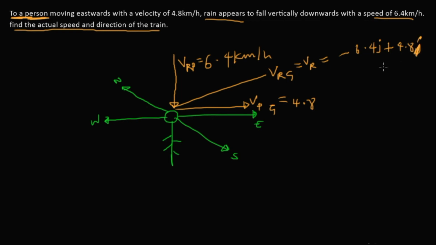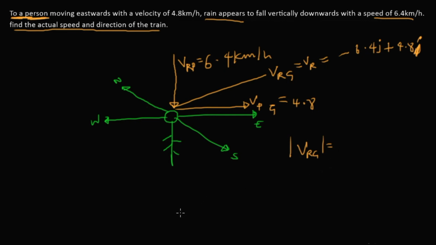So to find the magnitude of VRG, since it's a right angle triangle, I can make use of the Pythagorean formula.